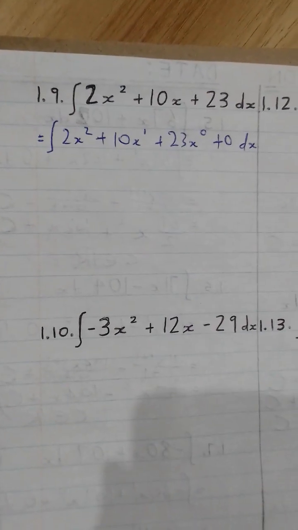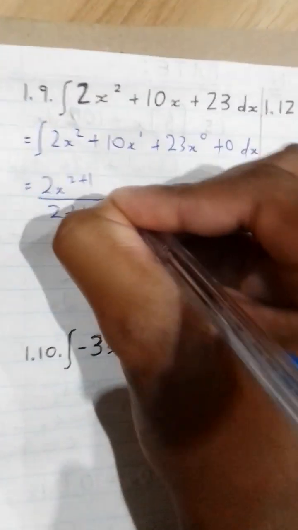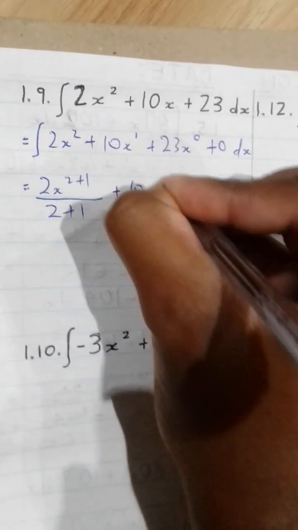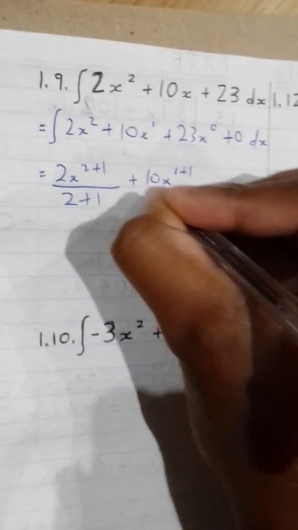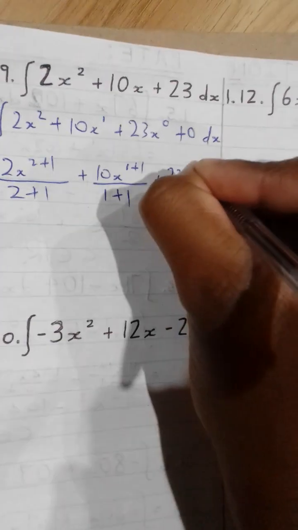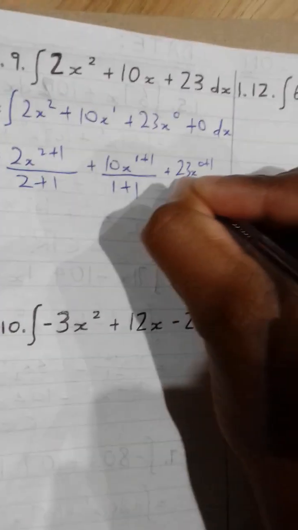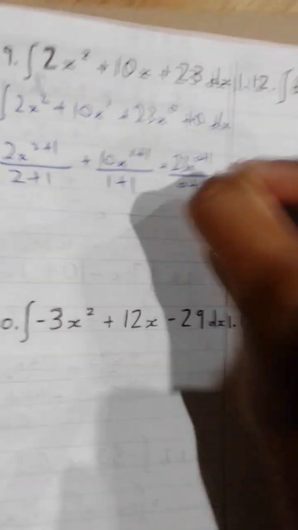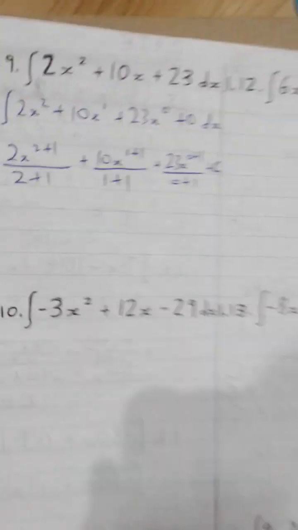And then you remove the integral sign as well as dx. So this is going to be 2x to the power of 2 plus 1 over 2 plus 1 plus 10x to the power of 1 plus 1 over 1 plus 1 plus 23x to the power of 0 plus 1 over 0 plus 1 plus c.